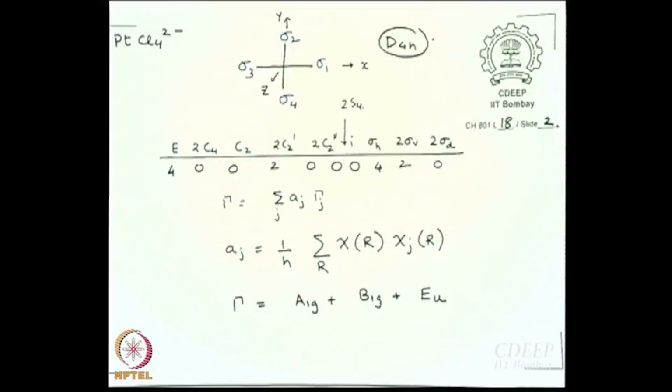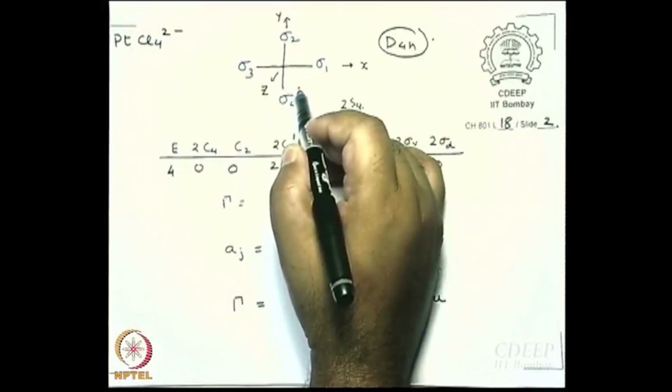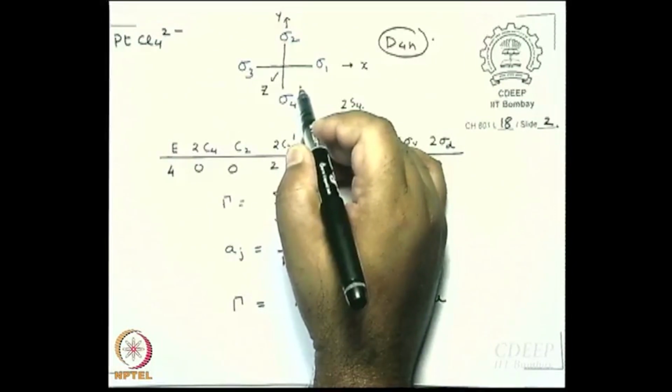What do I do next? I have to use the projection operators corresponding to A1g and B1g and Eu on sigma 1. It does not matter, you can use any one, but conventionally we will start with sigma 1. So for that, I need you to draw this diagram, because you need to know what is what, and then once again I will show you the character table and then you can work out.